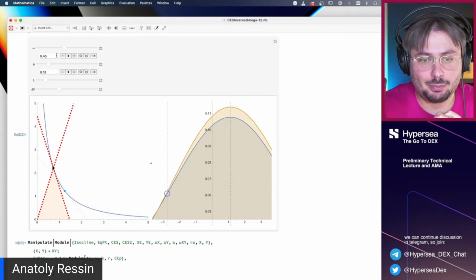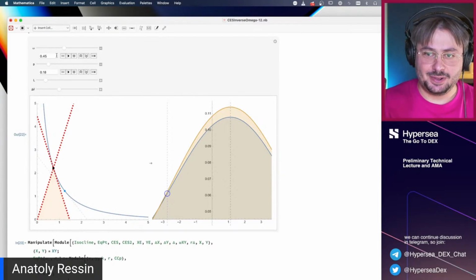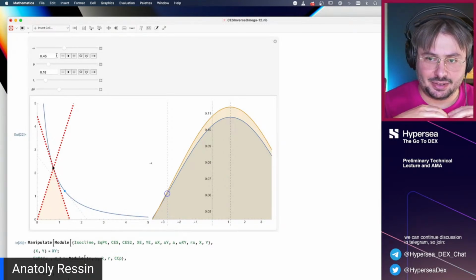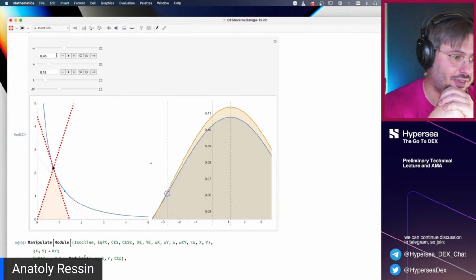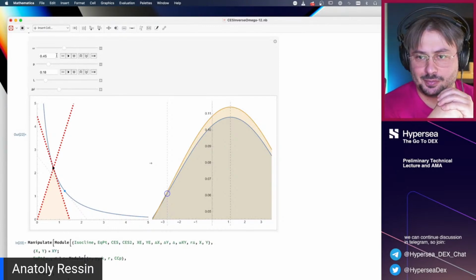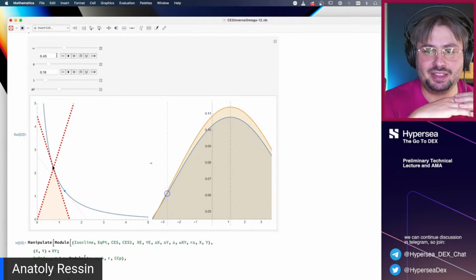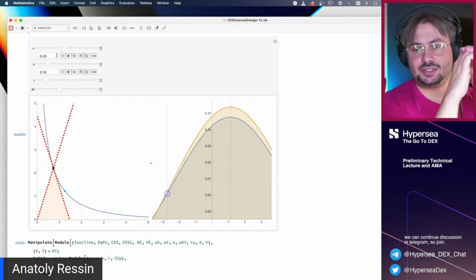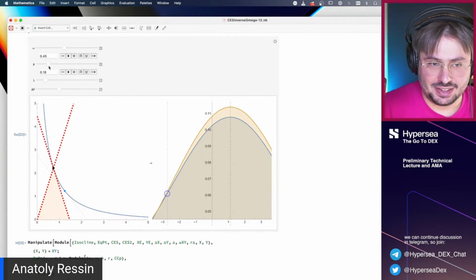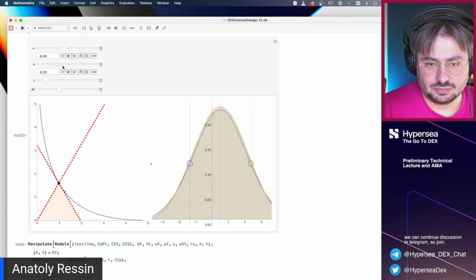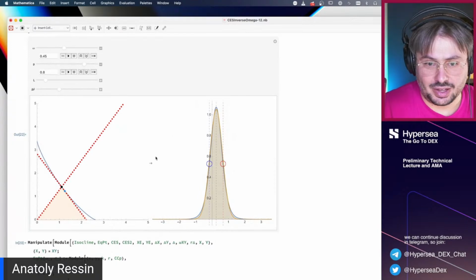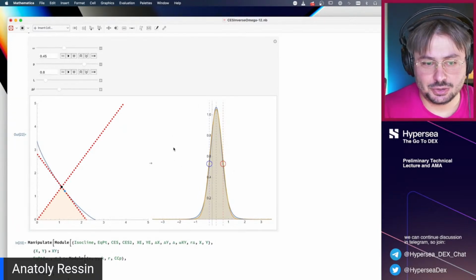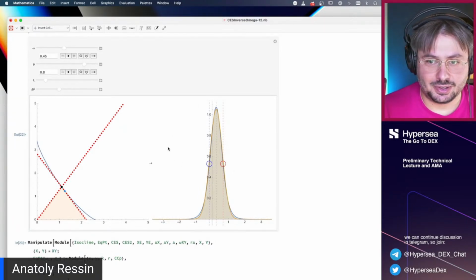And when the market calms down and the price has been found and volatility is lower, it will mean that we again concentrate liquidity according to the current situation on the market.